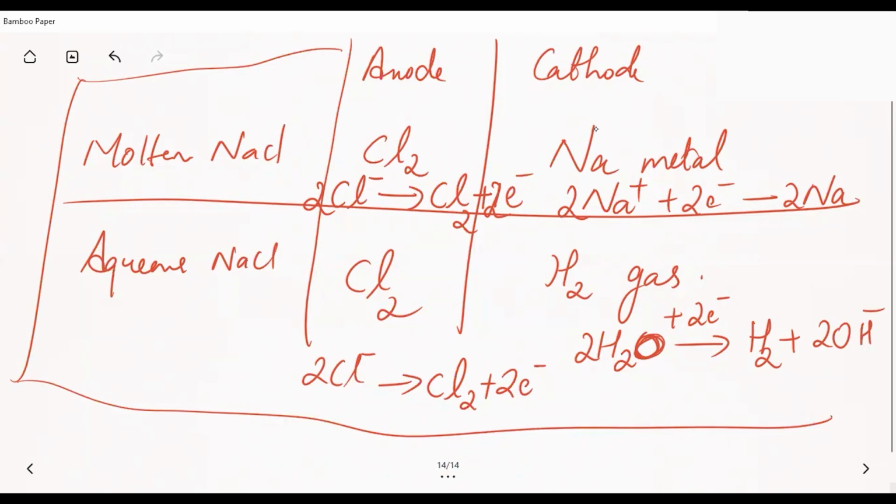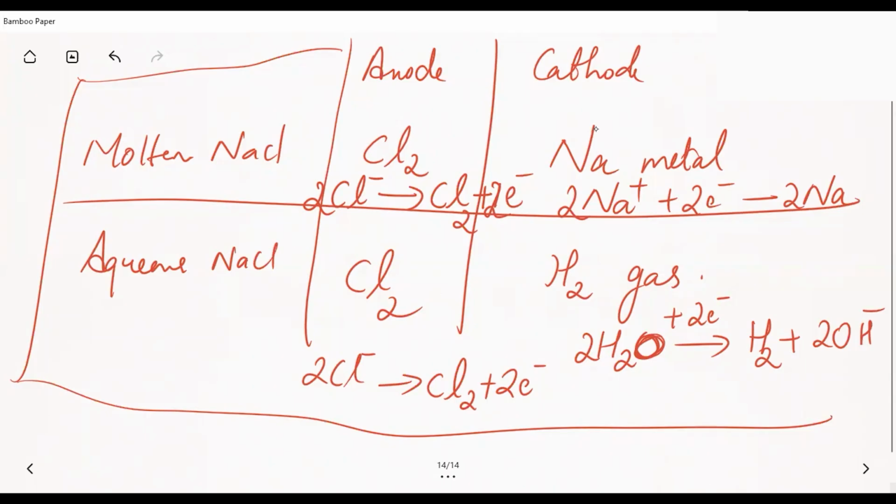Now you can see the question paper with these questions. A 1 mark question will be like this: what will be produced at anode in the case of molten sodium chloride? So anode, just think anode, chlorine. In both cases, anode gives chlorine. Sometimes you'll be asked a twisted question: in aqueous sodium chloride, chlorine gas forms at anode, so in molten sodium chloride, what will form at anode?